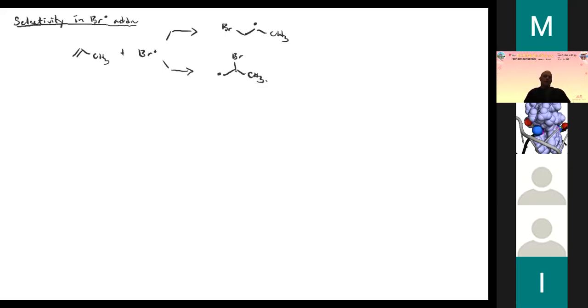In the top reaction, we've got these things reacting to put the bromide on the less hindered position, and I form a secondary alkyl radical intermediate. In the bottom reaction, I form a primary radical, okay?